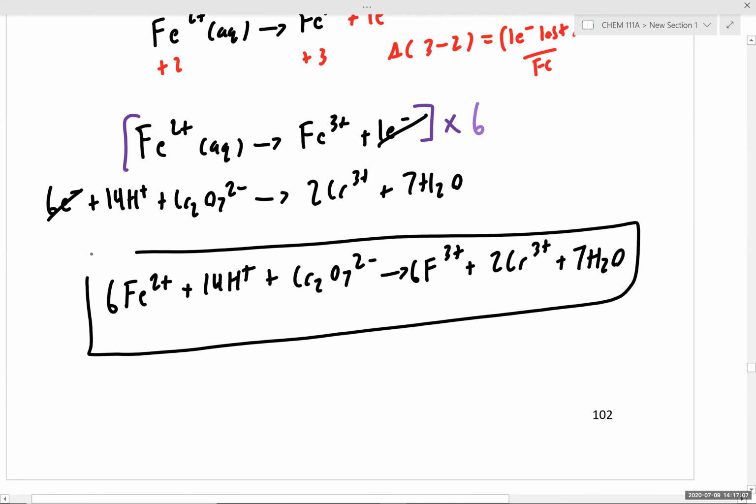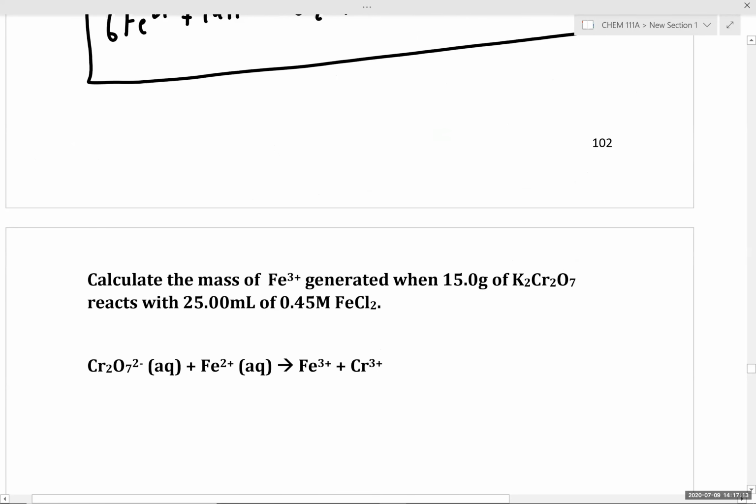So here's our balanced equation. Now let's rewrite our balanced equation and use our balanced redox reaction in order to calculate the expected mass of Fe3+ generated from this reaction.